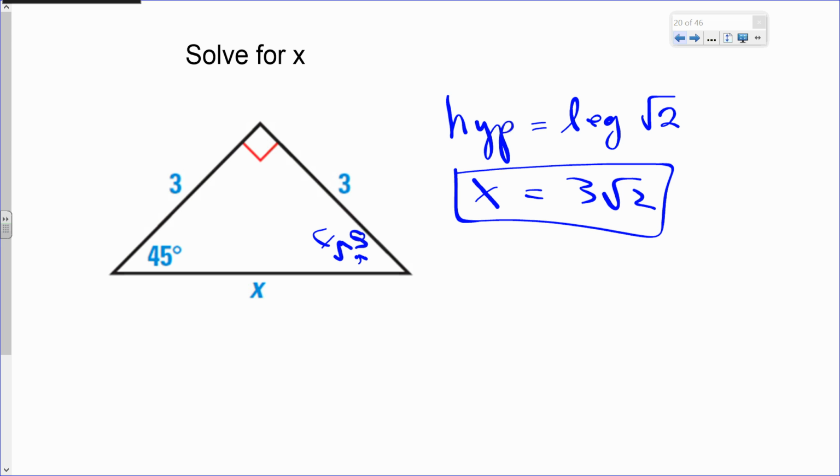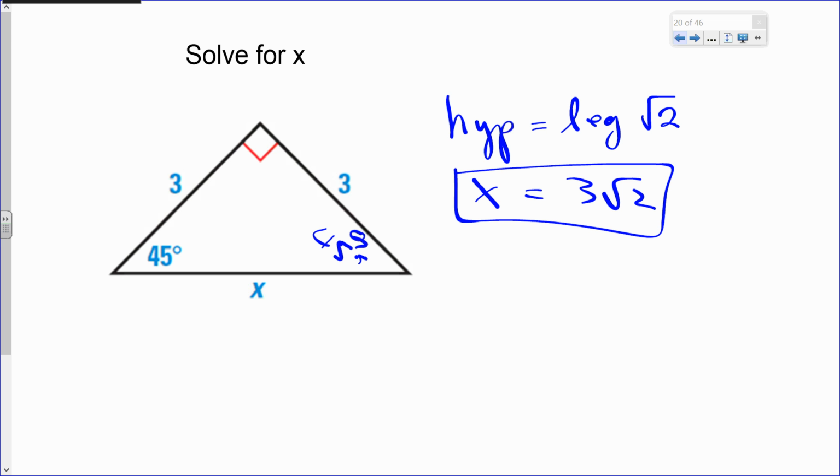That's the theorem. That's the law. If you have a 45, 45, 90, the hypotenuse is always going to equal the leg times the square root of 2. It's the law. It's just the nature of reality. It's the way God created the universe. Some philosophers will argue not by accident. That's just the way it is.